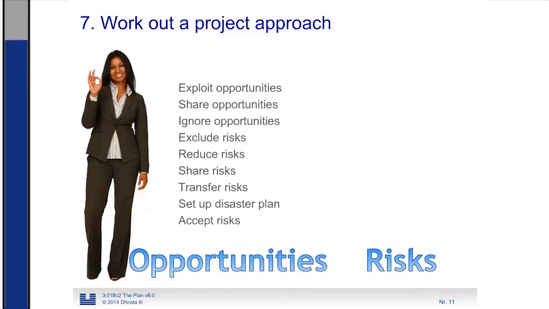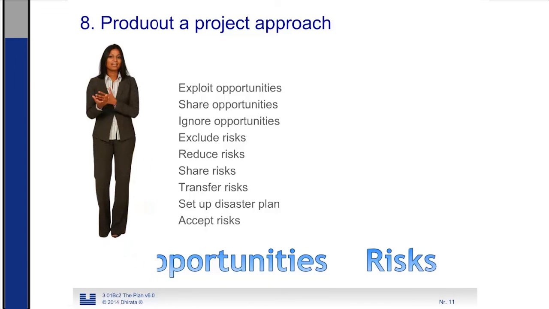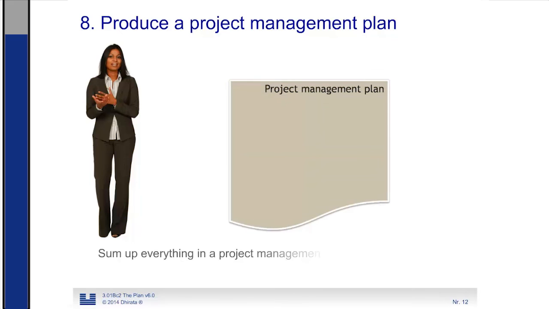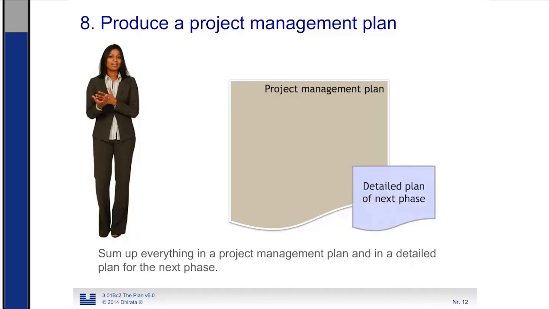All these are combined into the project approach. This project approach, together with the details about budget and about schedule, is summarized in the project management plan. We also develop a detailed plan for the first execution phase.